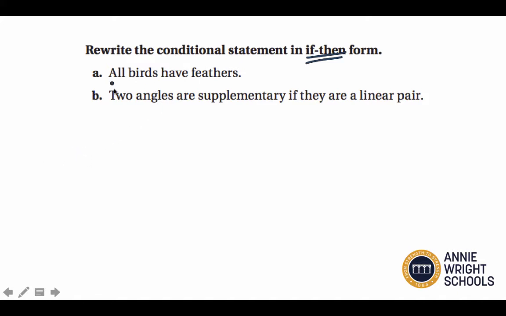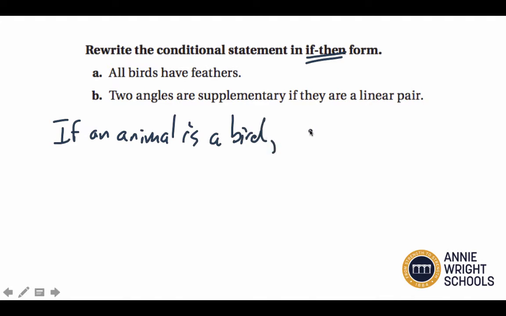Alright, if you're back, all birds have feathers. If an animal is a bird, then it has feathers.